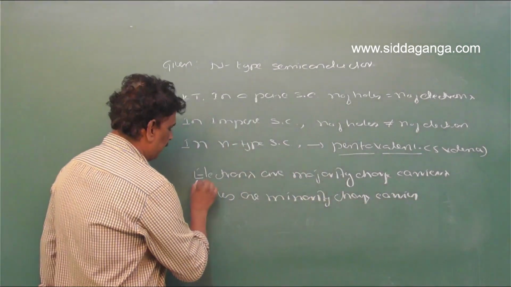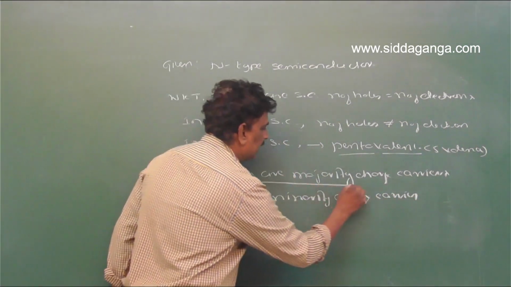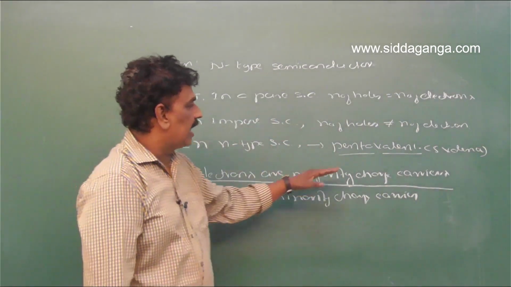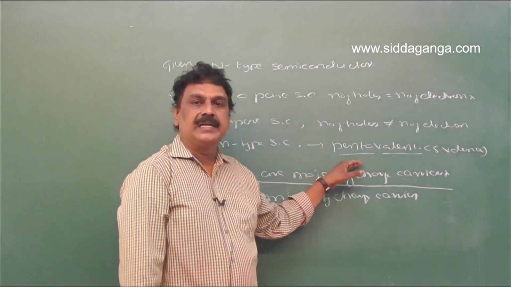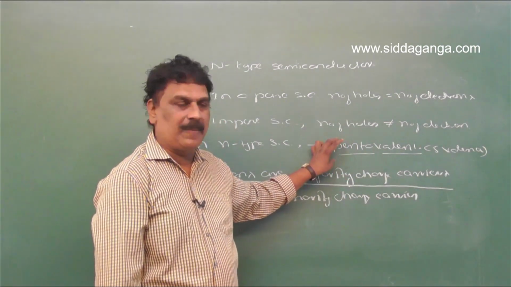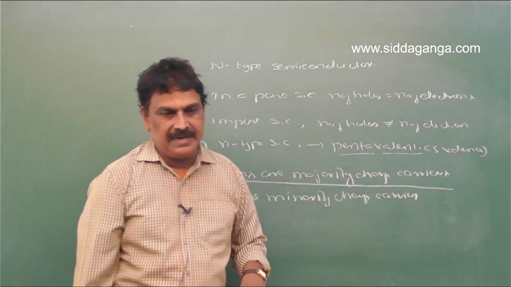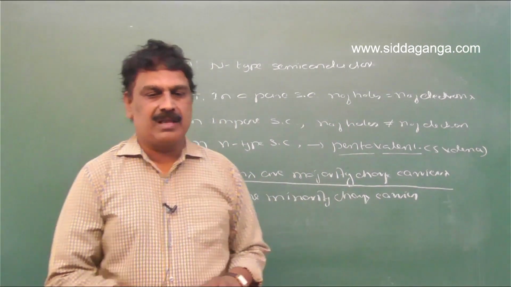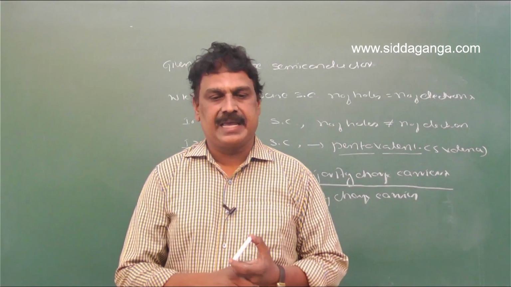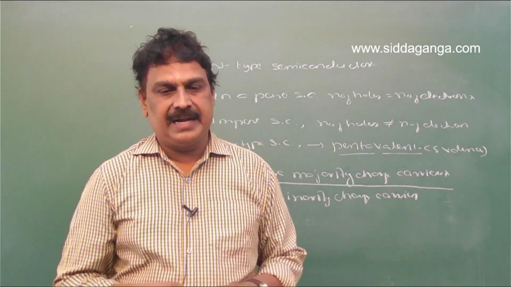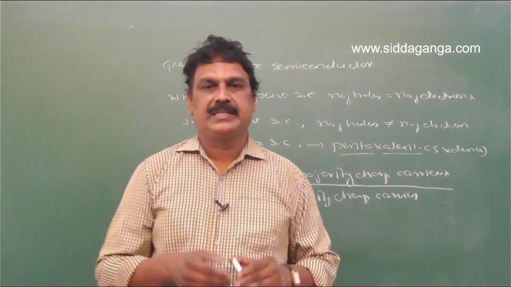So the answer is electrons are the majority charge carriers and the dopant is a pentavalent impurity.